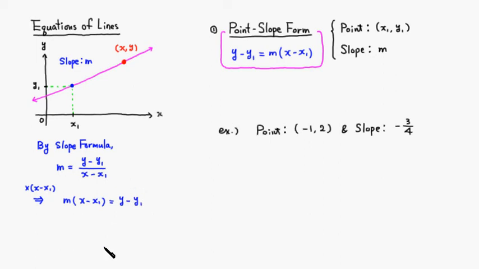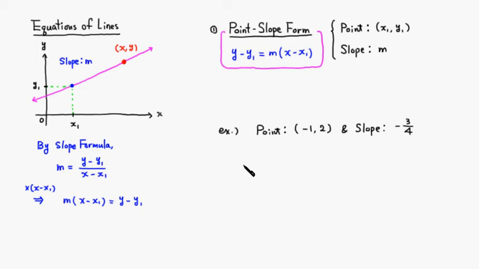Then switching the left hand side and the right hand side, we actually get this point slope form. So as soon as we know one point on the line and the slope of the line, we can always come up with the equation of the line.